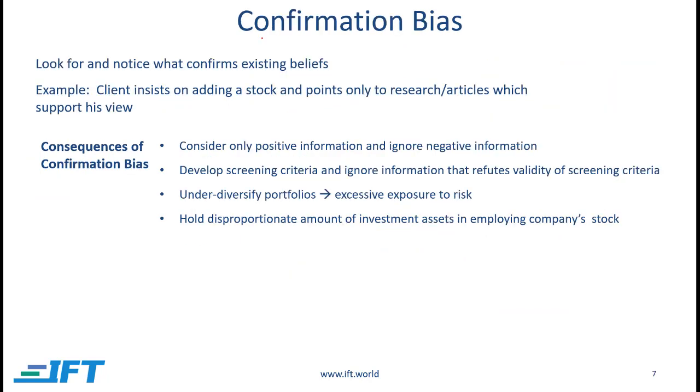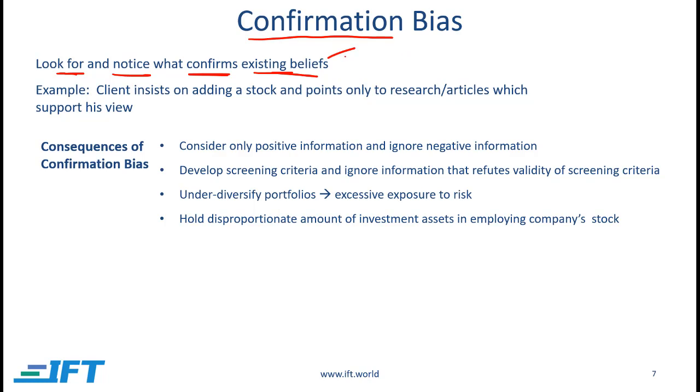The next belief perseverance bias is the confirmation bias. Here we look for and notice what confirms our existing beliefs. This sounds a little bit like the conservatism bias, but the difference is that here we are trying to identify information and only focusing on information that confirms our existing beliefs, and we ignore information or articles which go against our beliefs.